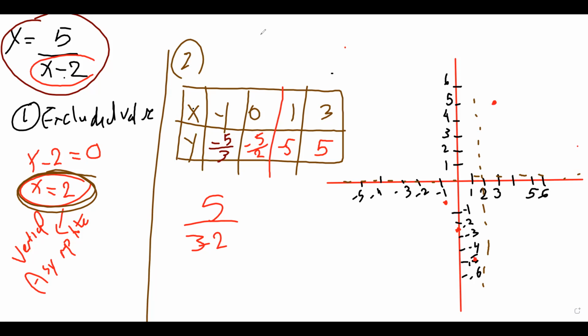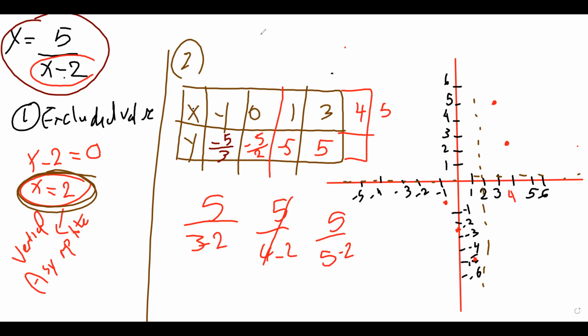So we need more examples here, more numbers. Let's take number 4: 5 over 4 minus 2, which is 2.5. Let's take 0.5: 5 over 0.5 minus 2... which is 5 over 3.